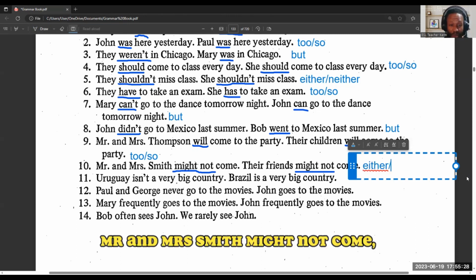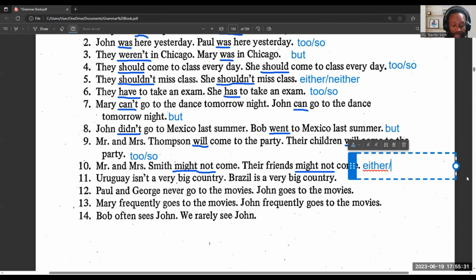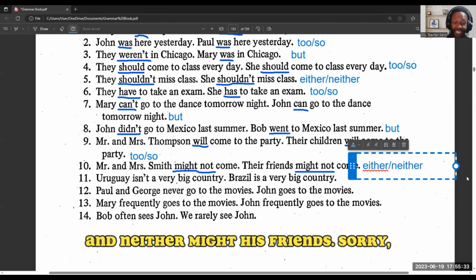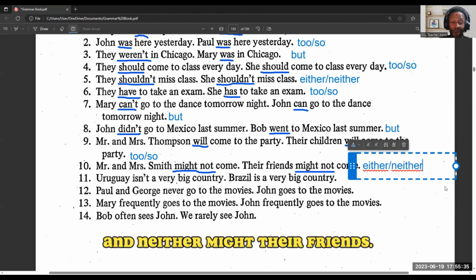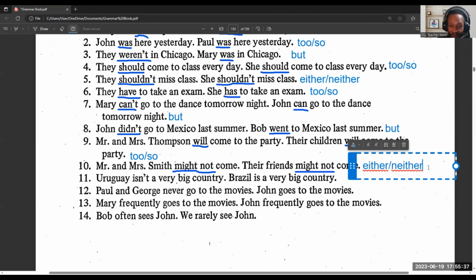Mr. and Mrs. Smith might not come, and neither might their friends. Okay.